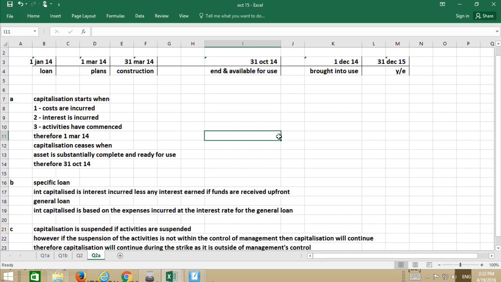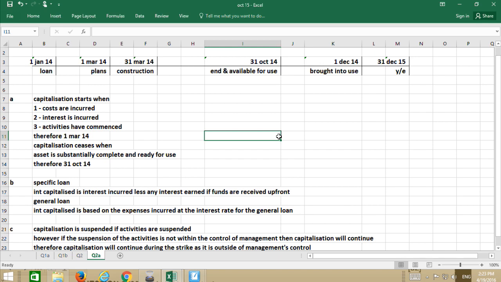So the rule usually is that, and that's what I've said there, if we suspend activities, we have to suspend capitalizing. So if you decide, you know what, I'm going to go to Mauritius for a month, I'm not going to work. For that month, you can't capitalize then. If you're not going to be building the asset, you can't capitalize. But the statement does also give you an out, because what it says is, if it's not within your control, that suspension, then you shouldn't be penalized, isn't it?